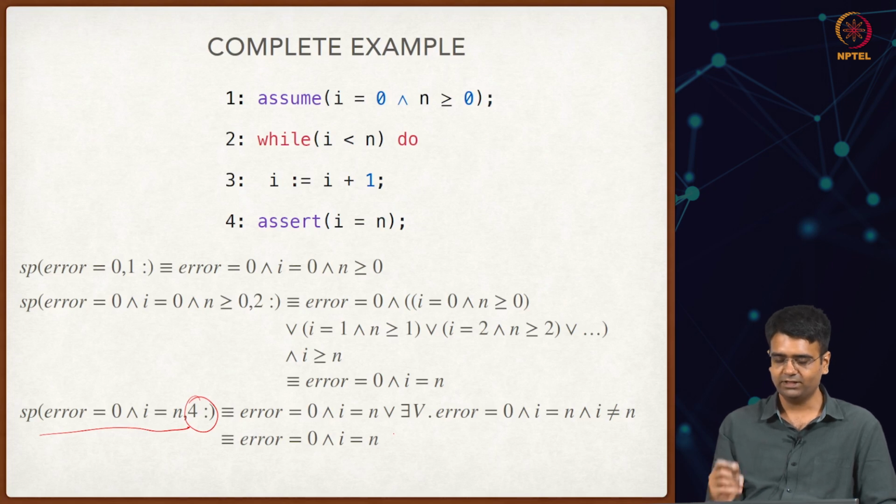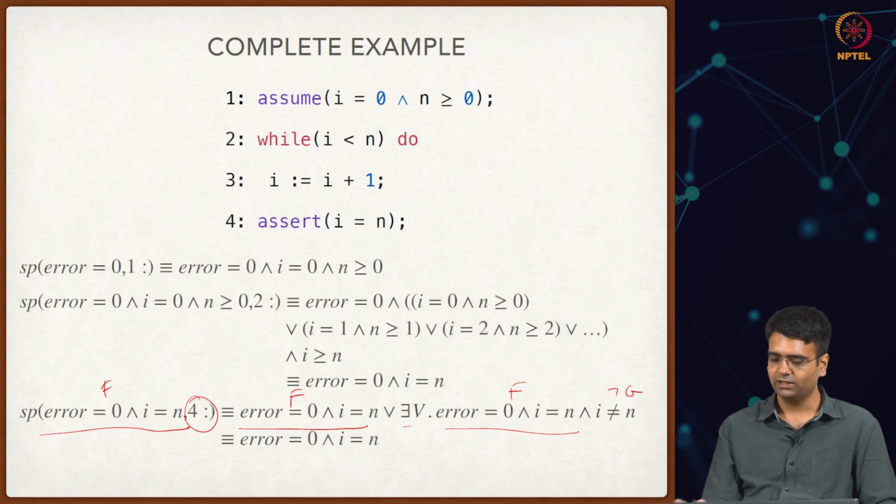So again we are just using the formulation that we saw for the assert statement, which is there exists v, this is F and not G, or F. So this is just F, this is the input, right, so this is F. Okay.